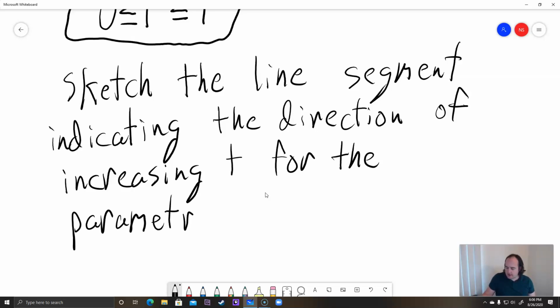And you're not actually going to have to draw it, of course. It'll be multiple choice, and you're just going to want to choose the correct graph. But it's still good to be able to draw it so that you can choose which one is correct.